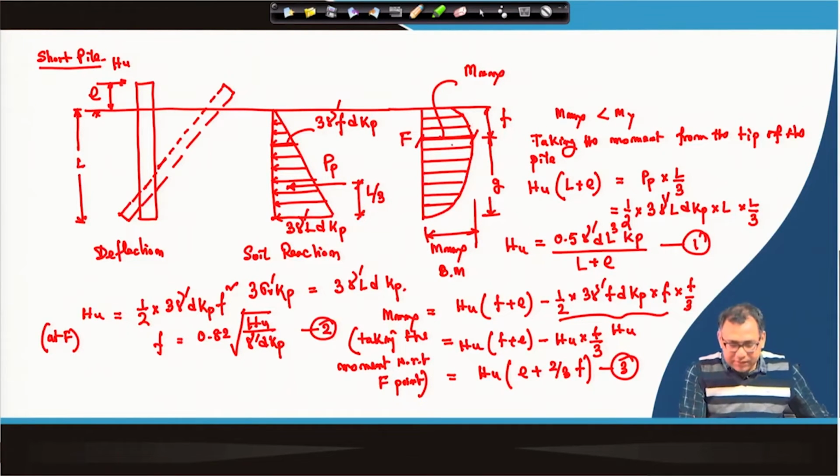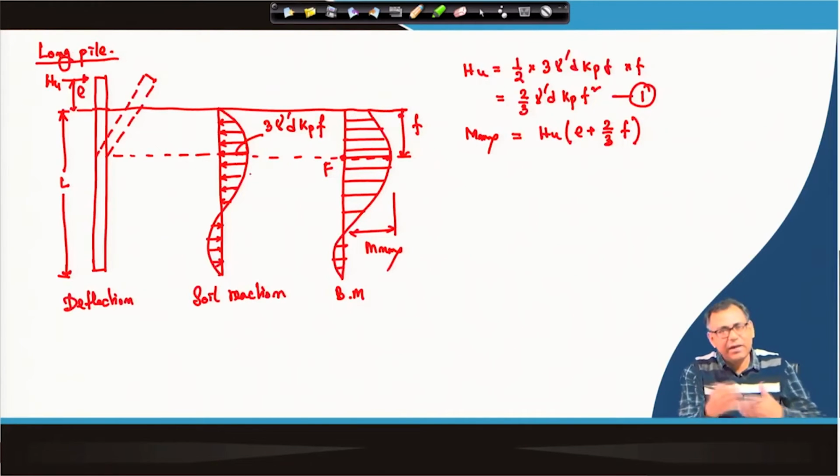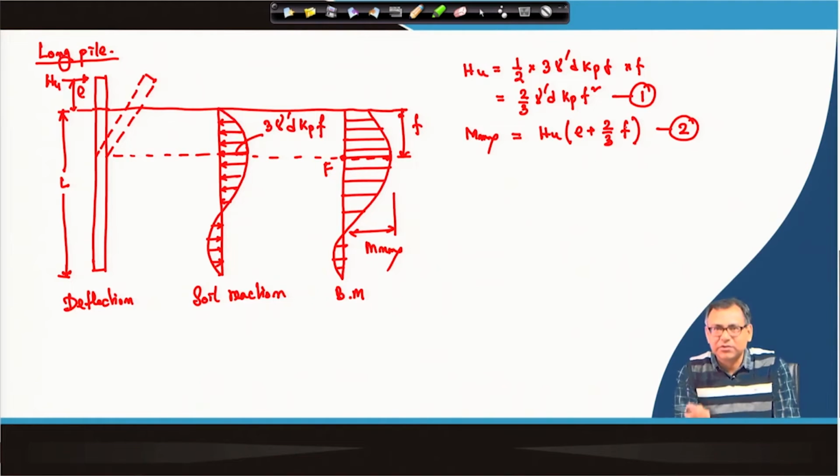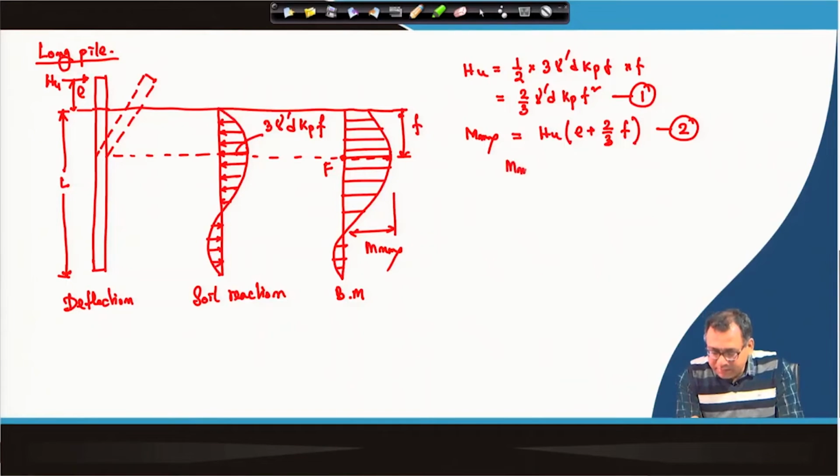Okay. So, that means here also we assume this is linear distribution, the same way we can calculate the M max also here. So, equation 1 and 2 is valid, but what are the unknowns here? So, here M max is unknown, H u is unknown, f is unknown, but we have two equations. We have 3 unknowns, but we have two equations. So, for the long piles, third equation will come, that maximum moment M max should be the yield moment of the pile.